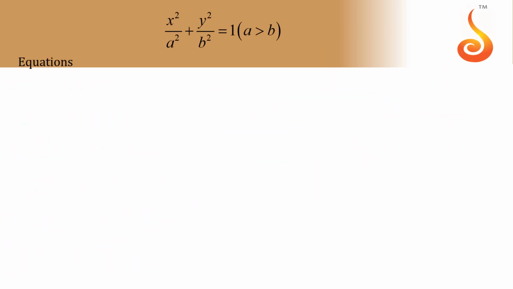Now what are the equations? The equation of the major axis, the x-axis, is y equal to 0. The equation of the minor axis is x equal to 0.